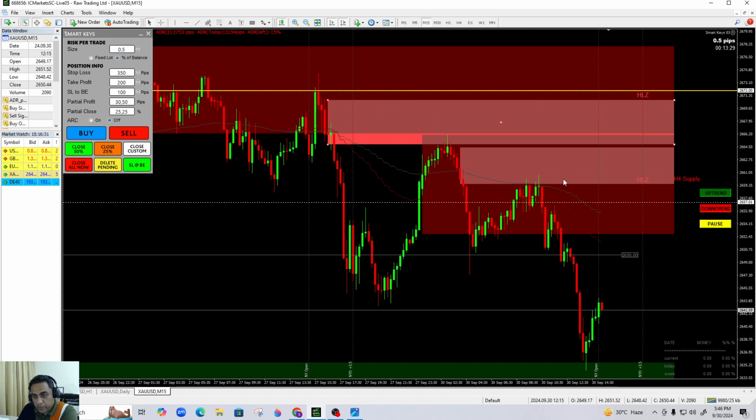That's a 50 odd, it's a 55 pip zone. That's a 48 pip zone. So we're going to watch those areas to see what price does when it gets there.